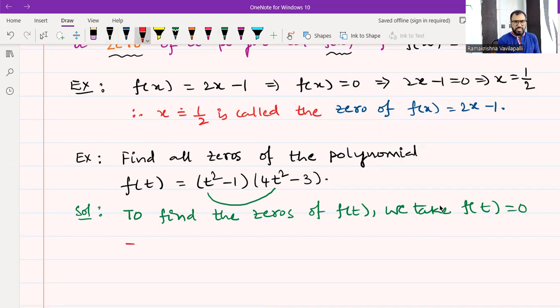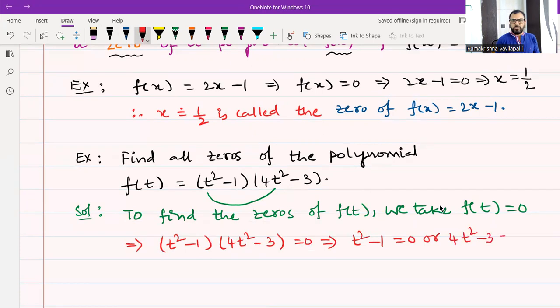Which means that t square minus 1 into 4t square minus 3 equal to 0. This is a product AB equal to 0, either A equal to 0 or B equal to 0, right? So product of two terms will be 0 if at least one of them is 0, otherwise it cannot be.